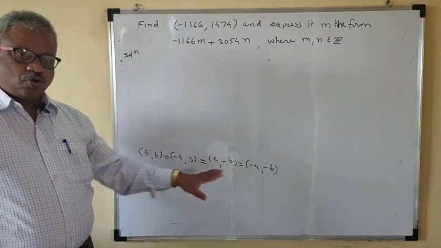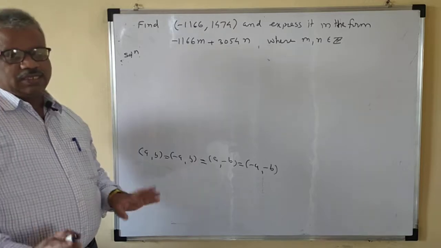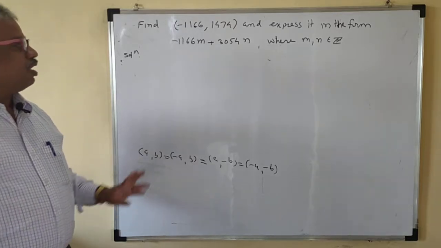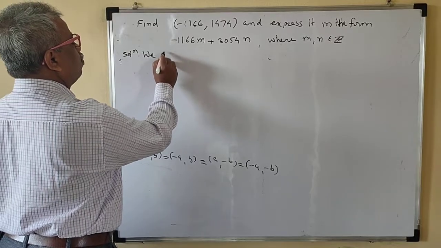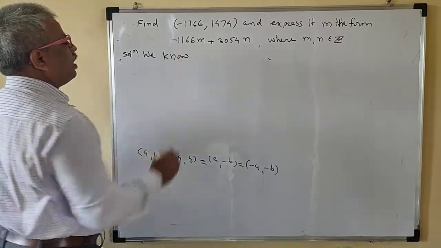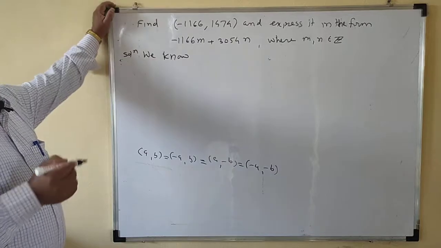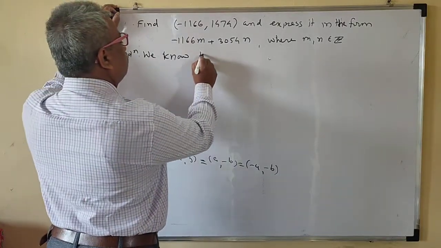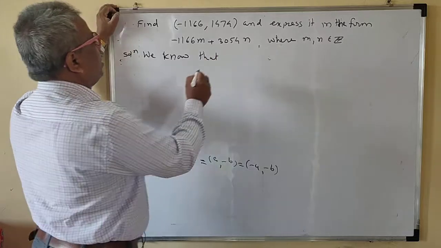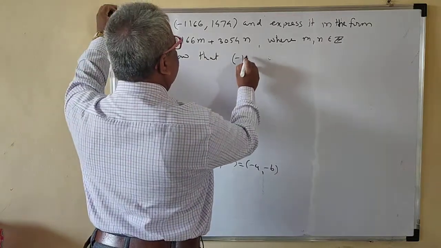If you take all these possible four pairs, their GCD are the same. We know that. In mathematics it is very easy: if you don't know, we can say we know that. This phrase is very nice in mathematics.